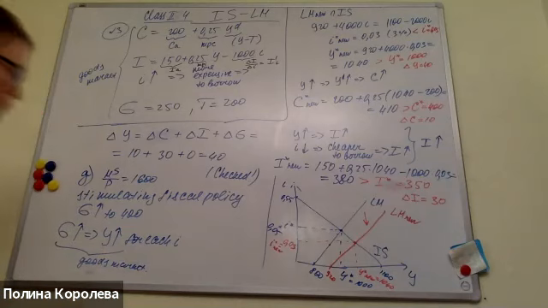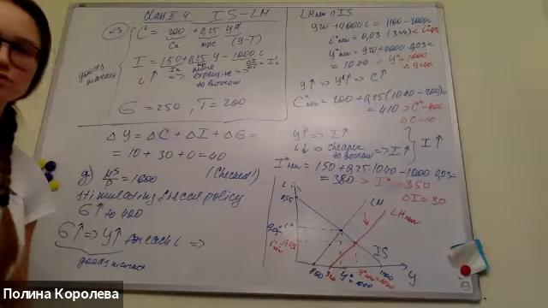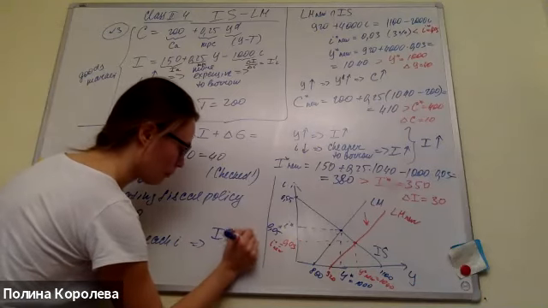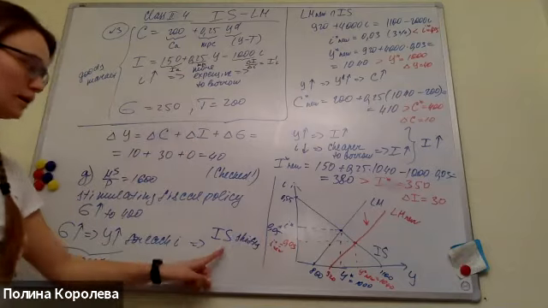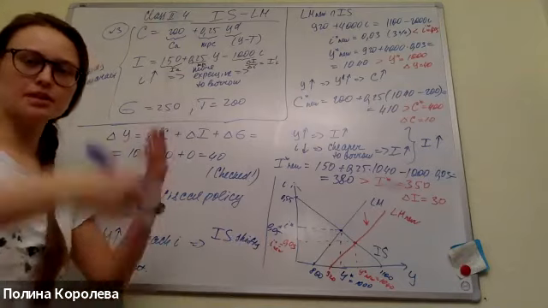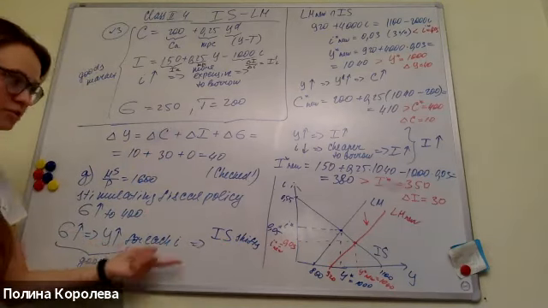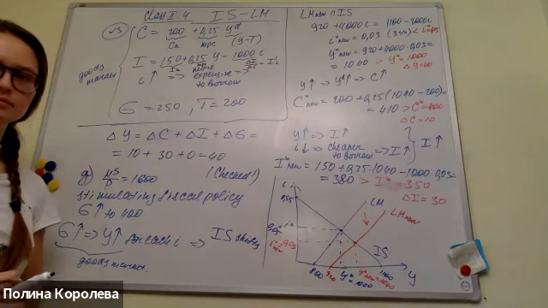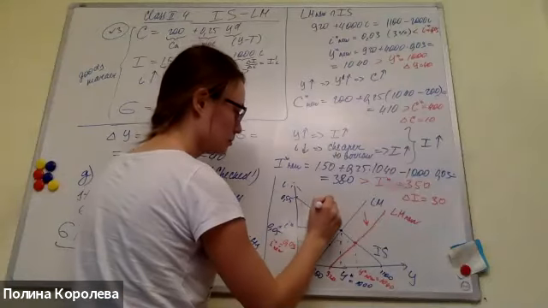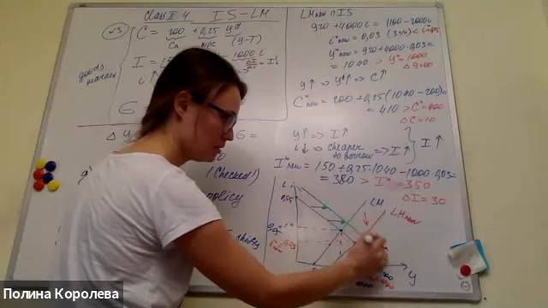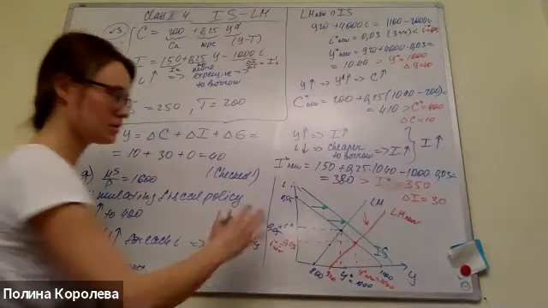And what is happening with IS? Where should we shift it, please? IS shifts right, left, up, down, where? If GDP increases for each interest rate, it's just right. To the right, yes. For each interest rate, equilibrium GDP in the goods market increases. Yes, IS shifts right.